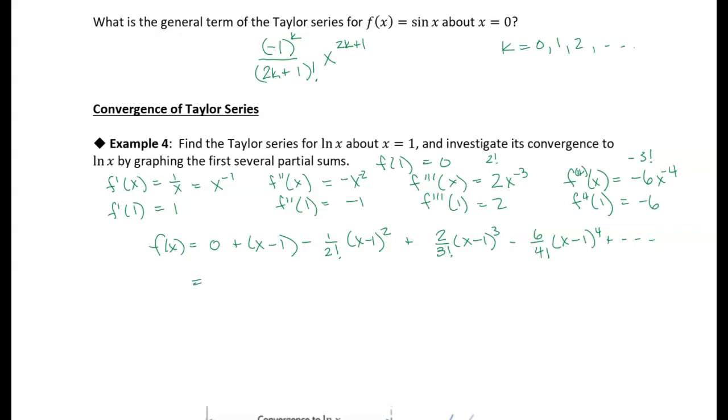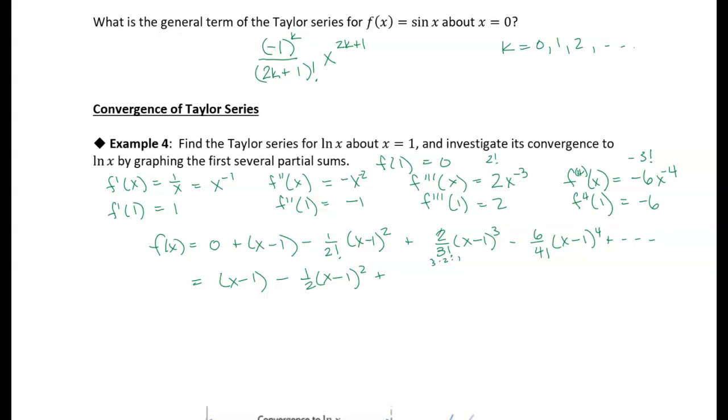So we have, I can just leave off the first term. So we get x minus 1, I want a minus sign, x minus 1 minus 1/2 x minus 1 squared plus, now this is 3 times 2 times 1.